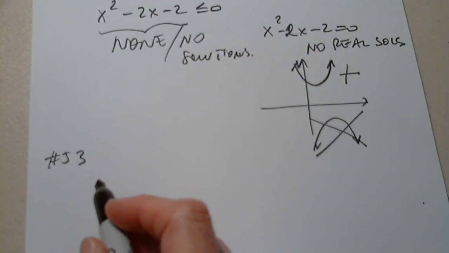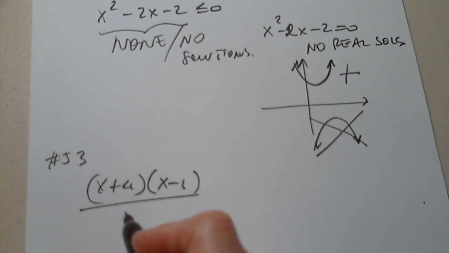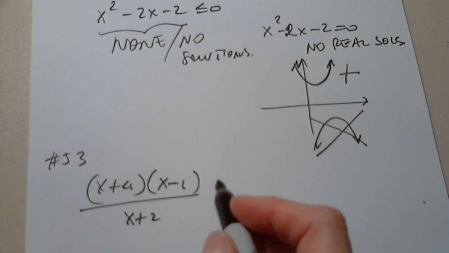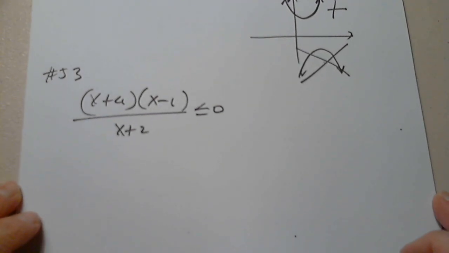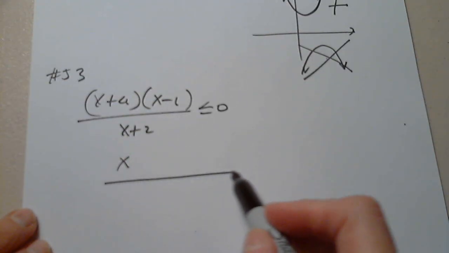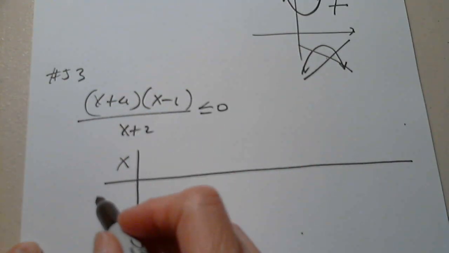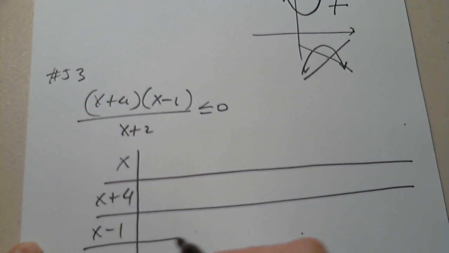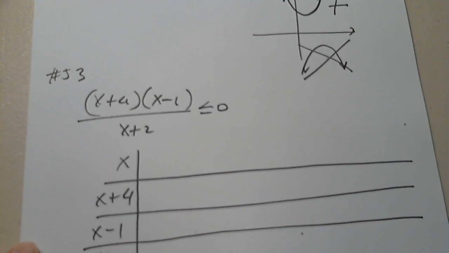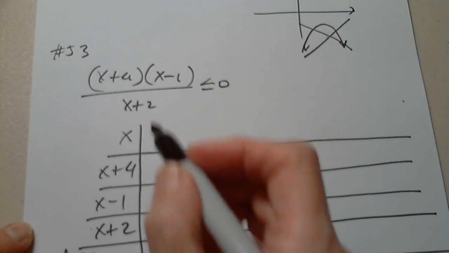In 53, we have x plus 4, x minus 1 over x plus 2 less than or equal to 0. Okay, this is a straightforward situation in which we have to have the table with x as the variable in the problem, with x plus 4, with x minus 1, with x plus 2, and then the whole thing.